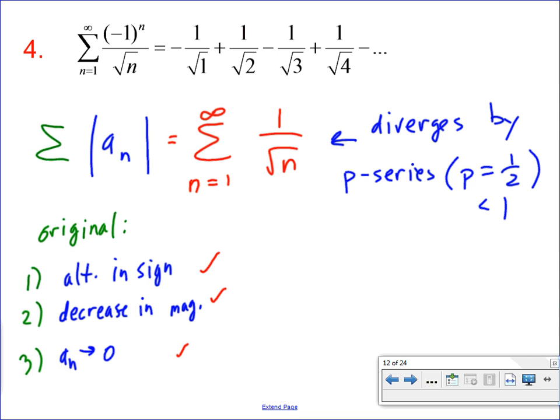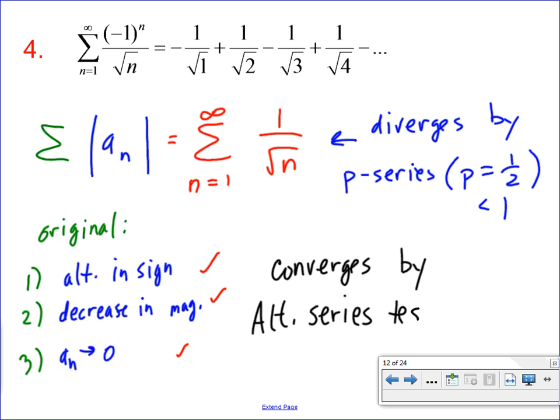Since it does not converge in the absolute value, this converges conditionally. You guys see that? So the original converges by alternating series test, but because the series in absolute value diverges by p-series, the original converges conditionally only.